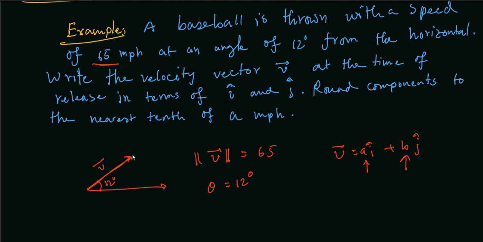That's what we have to find. We know the formula: a equals the magnitude of the vector v times cosine of theta, and b equals the magnitude of the vector v times sine of theta.